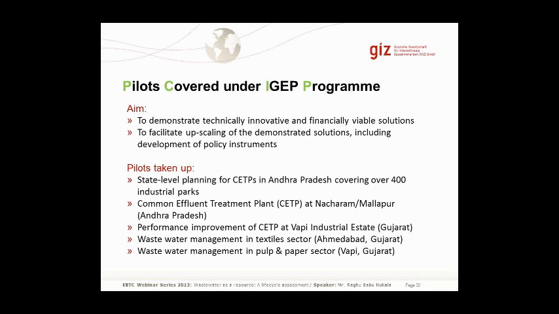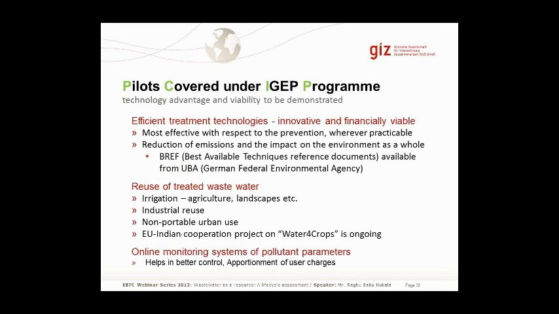As part of our pilot measures, we have taken up for the state of Andhra Pradesh to study the existing 400 plus industrial parks to see where are the priority requirements for such common facilities and how to go about. We have taken specific case of one of the treatment plants in Nacharam Mallapur near Hyderabad to study how to improve it. We have taken up one in Gujarat in Vapi, and similarly we are also working on two sectors, textile sector and pulp and paper sector, to see how can we improve within them.